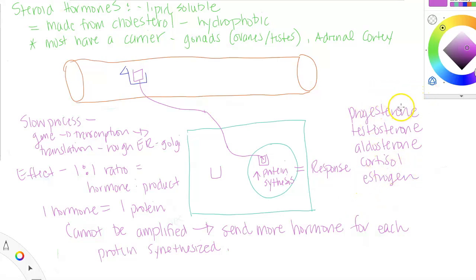So all of these are steroid hormones, and this is how their target cell creates its response, making proteins. All right, so next we're going to talk about amine hormones.